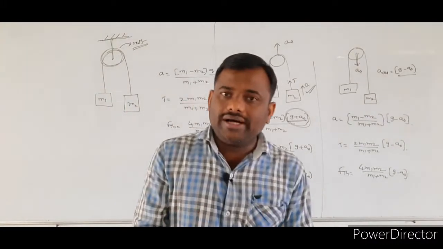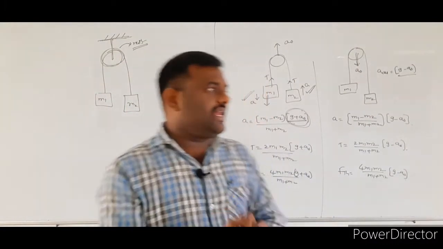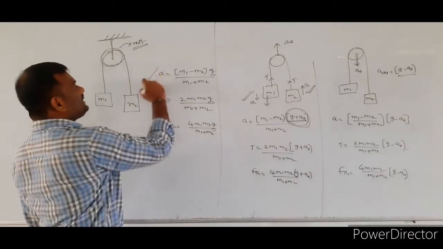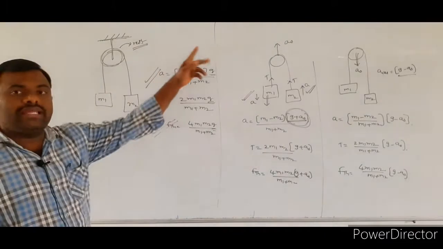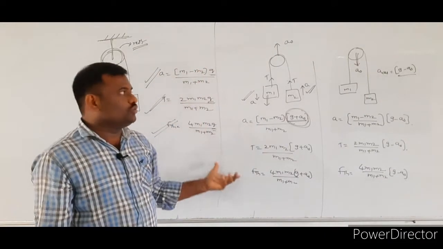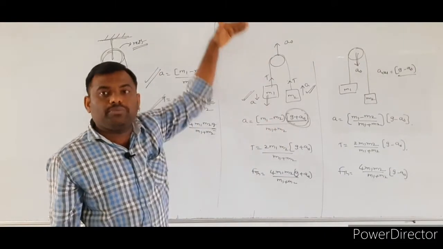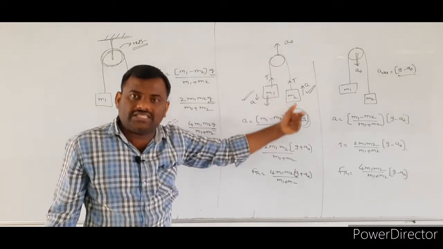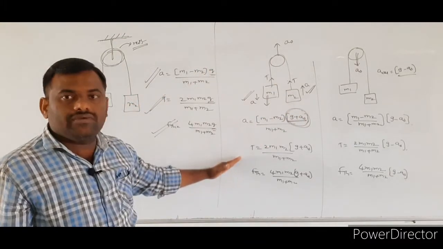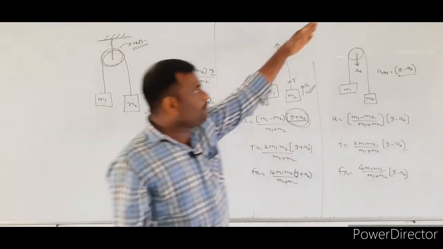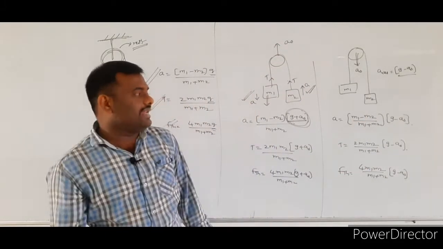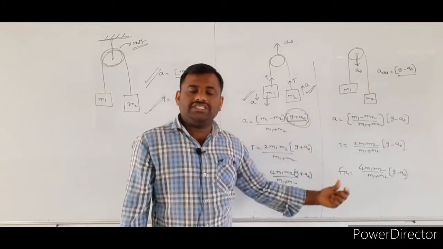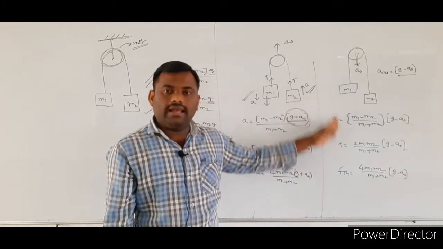Whenever the pulley block system is at rest, the general equations for the acceleration, tension and upthrust are given by (m1 minus m2) g by (m1 plus m2). Whenever the system is moving in the upward direction with a constant acceleration of a naught, the corresponding equations become like this. When it is moving in the downward direction, the resultant values of acceleration, tension and upthrust are given like this.